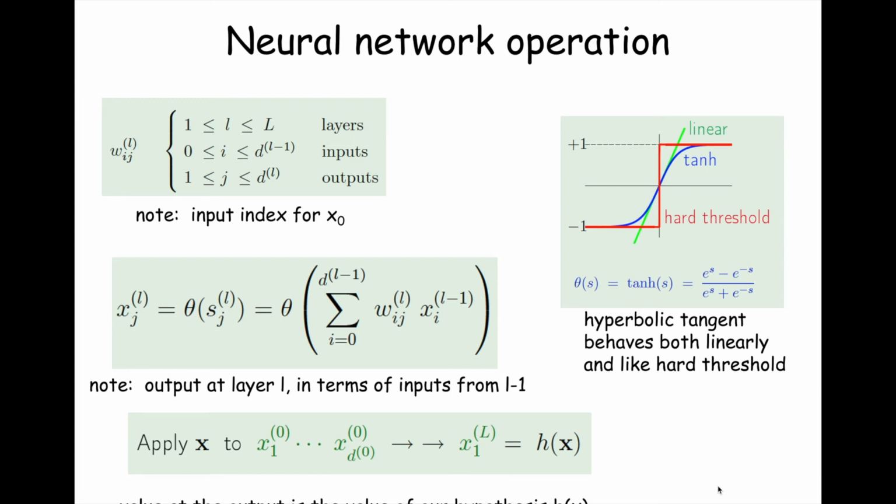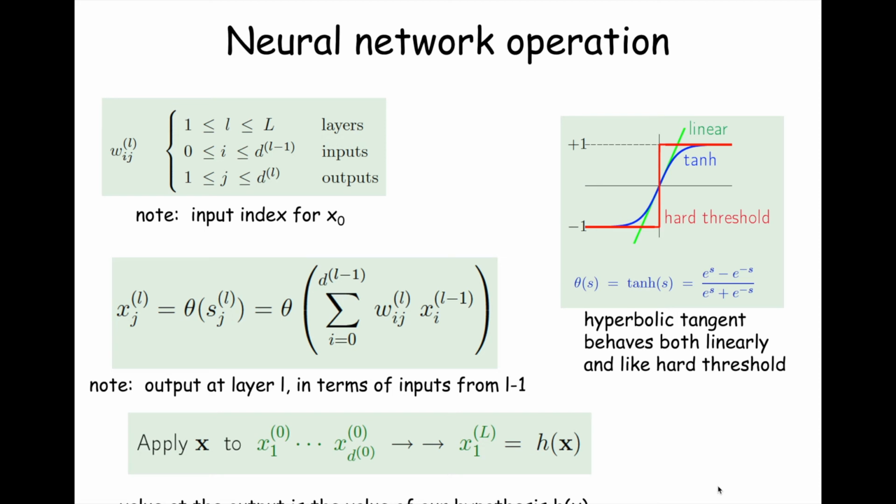So this is our w_ij superscript l, and the particular w_ij is the weight associated with the edge that connects the ith node from layer l minus 1 to the jth node in layer l. And l is the superscript as well. Okay. And so, does that make sense? Any questions about this? Okay.